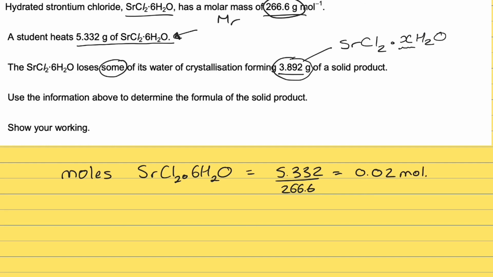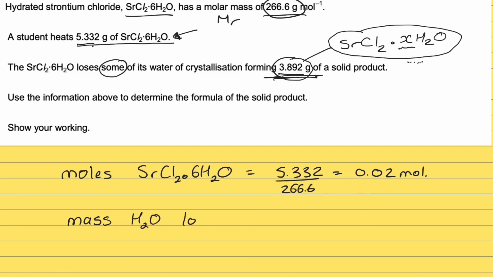Right. Then, what next could we do? Well, we don't know the Mr of the SrCl2.xH2O in this product here, so we can't work out the moles of this because we don't have the mass. We don't know the Mr of this. This is ultimately what we're trying to find out. We can deduce that the mass that's been lost between here and here is due to water. So the next thing I would do is to work out the mass of water that has been lost.